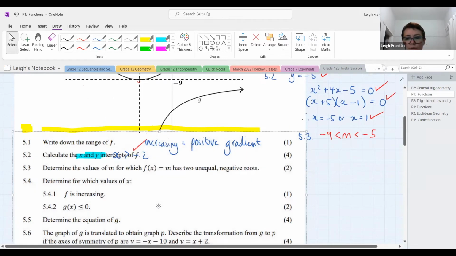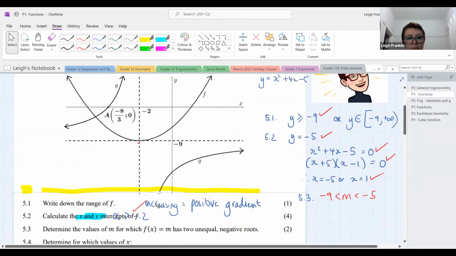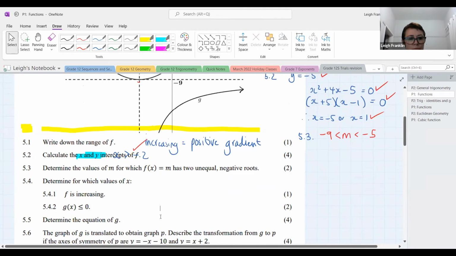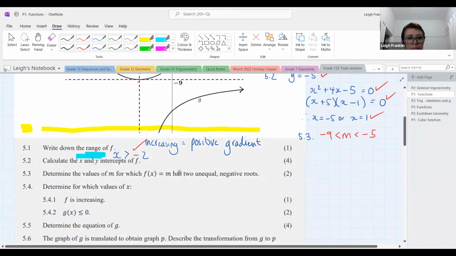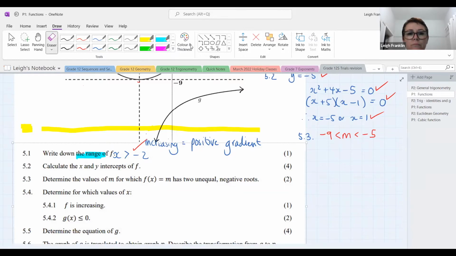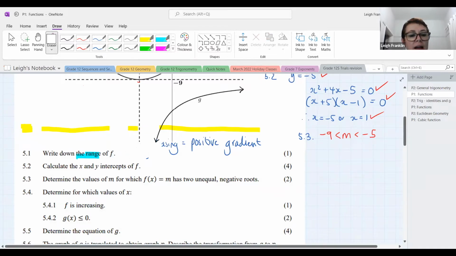What is g of x referring to here, Matrix? Absolutely, Carlos. It's referring to the y values.